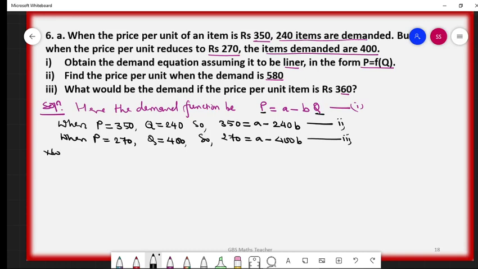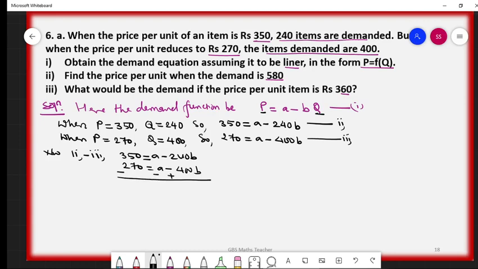Now second equation minus third, what do we obtain? 350 equal A minus 240B, 270 equal A minus 400B.